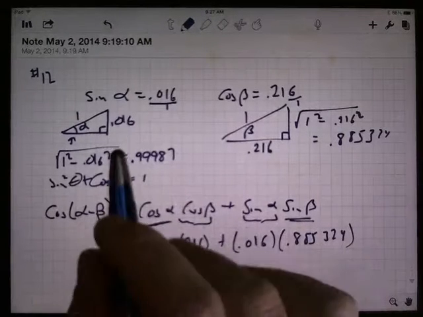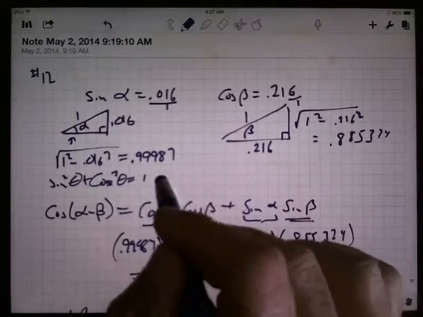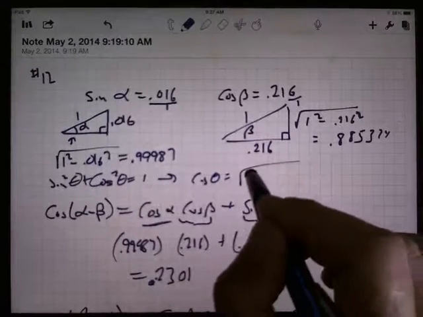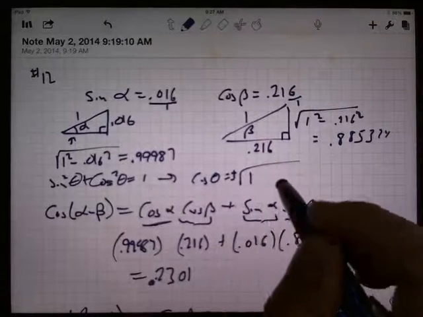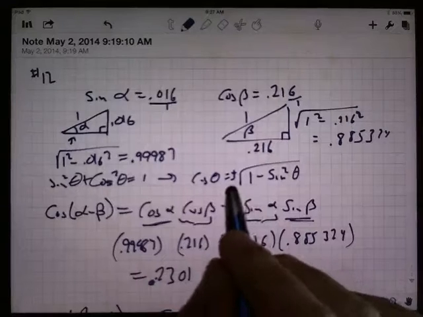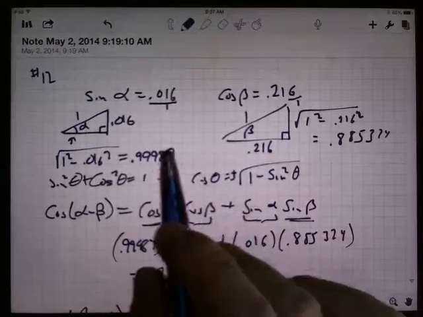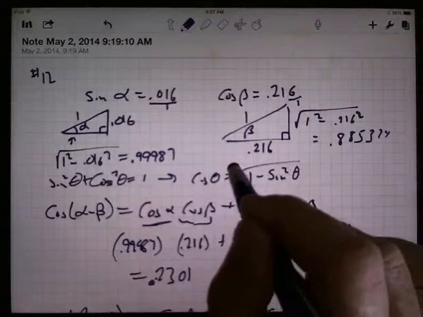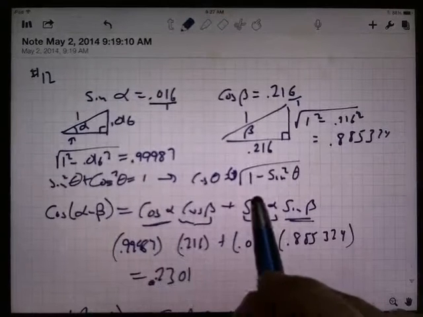If I know the sine, I can figure out the cosine: it's plus or minus the square root of 1 minus the sine squared of theta. The plus or minus is your choice as to which quadrant you're in. Since they told me I'm in the first quadrant here, I want the plus.